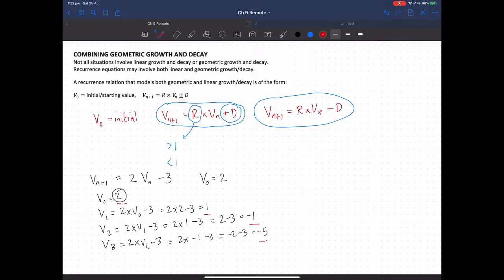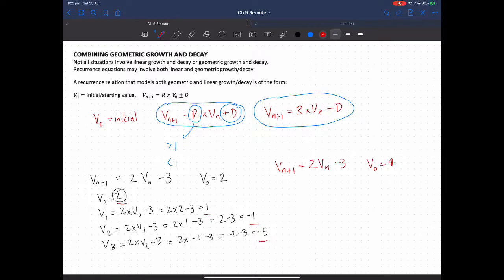If though, I said this time, instead of V0 being 2, we've got the same equation, Vn plus 1 equals 2 times Vn minus 3, but we're going to have a different starting value. We're going to have a starting value of 4.